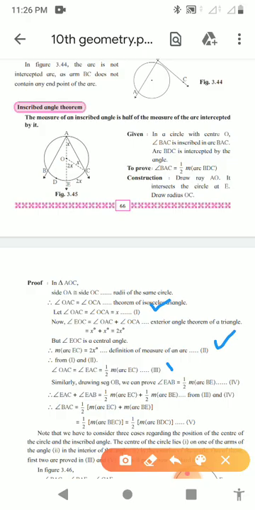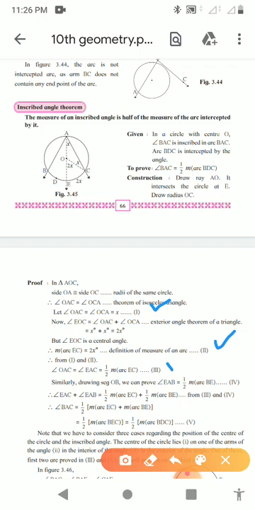So from equations 1 and 2 we can write angle OAC, which is equal to angle EAC, because I extended it and it becomes EAC. OE and AO lie on the same line, or we can say these points are collinear. Then angle OAC equals angle EAC, which equals half of the measurement of arc EC.